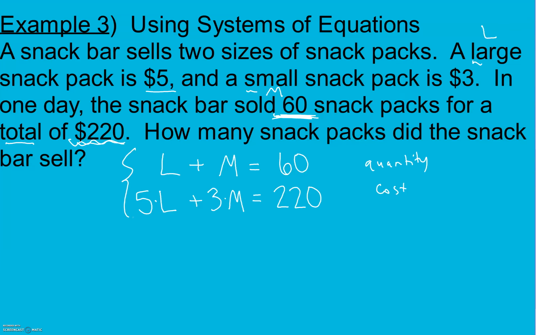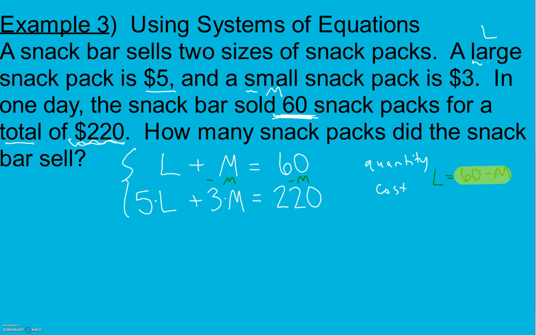When we look here, we have L and M that are both fairly easy to solve for. It doesn't matter which one you pick. It does not matter. I'm going to subtract M, and now I'm going to have L equals 60 minus M. Again, you could have solved for M as well. It does not matter.